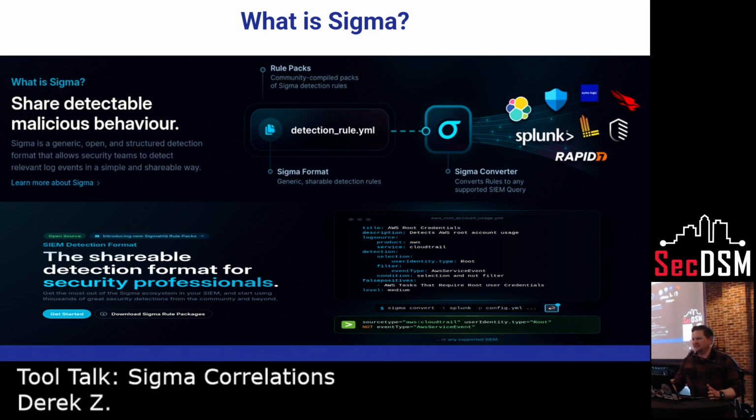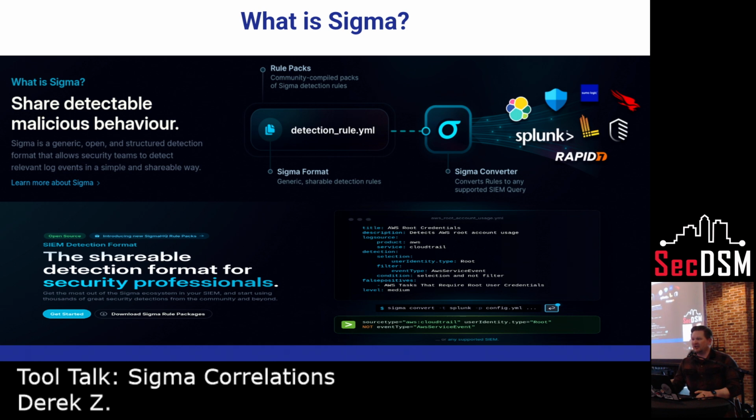You write one rule that can be translated to multiple different platforms, sort of, and I'll explain why I say sort of later. But that's it. You write one rule, it's platform agnostic, and you can share it with the community.